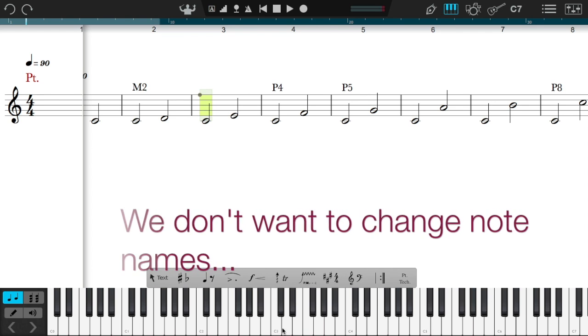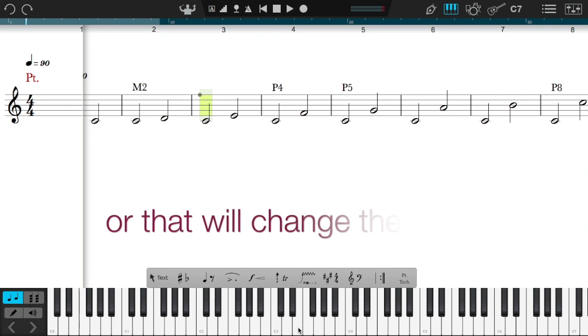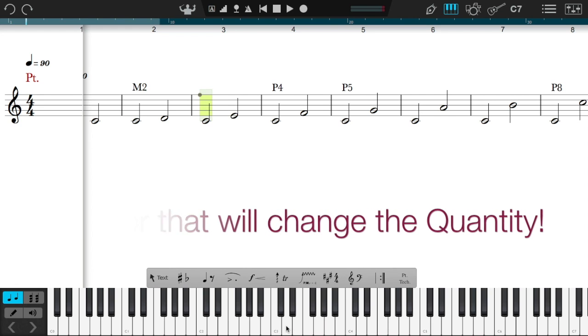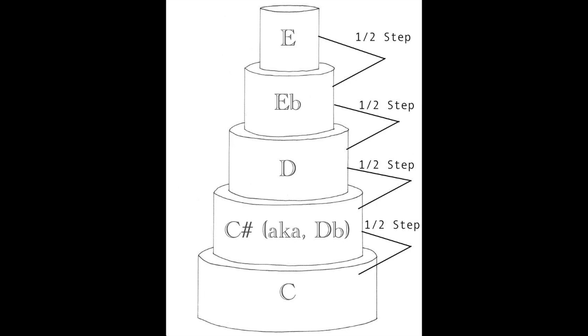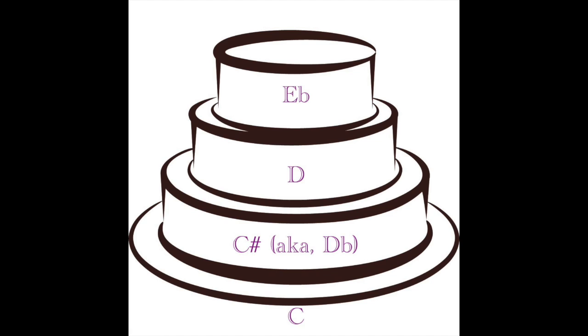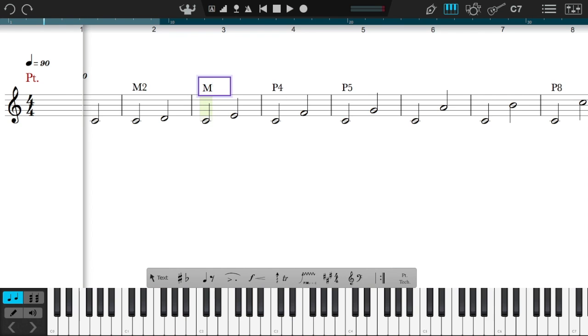Now, looking at that stacked, like a sandwich, would you say that C to E is wider or C to E flat? C to E is going to be slightly wider by a half step, right? It's a half step bigger. So our C to E is our major third. If it was C to E flat, that would be a minor third. So let's label this with major third. You notice I'm using a capital M for major.